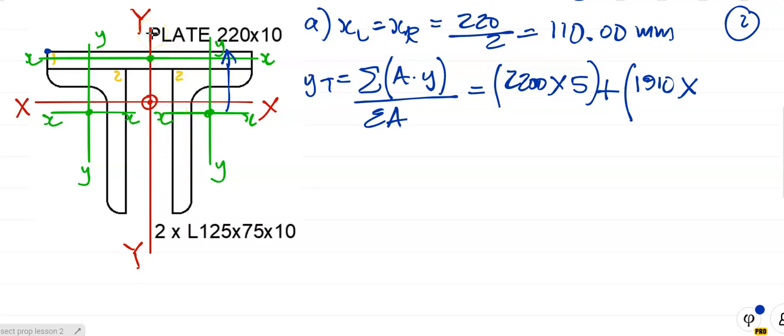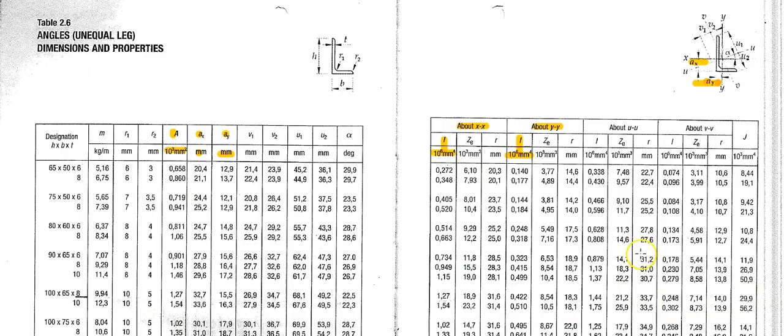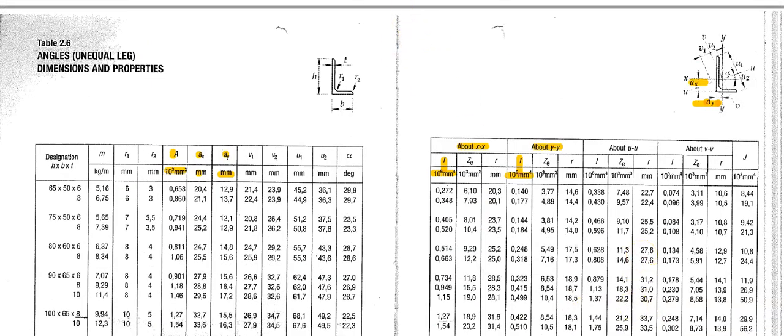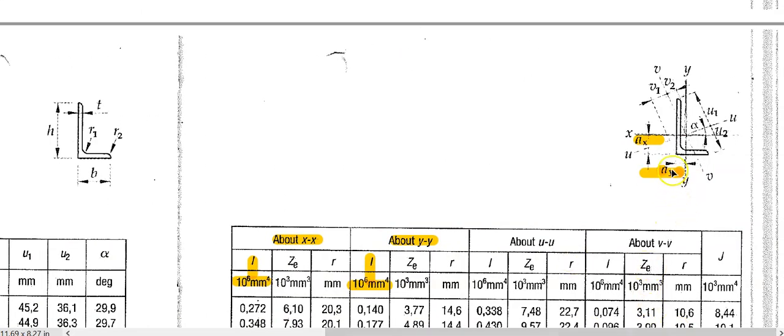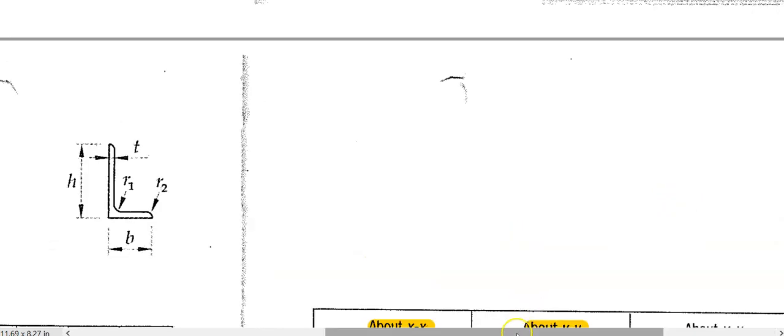I'm going to my tables. The distance from the centroid, now the centroid of the angle, I'll make it bigger. So there's the center of the angle. It's the distance from the x axis to the heel of the angle. And can you see there, that distance is called AX.